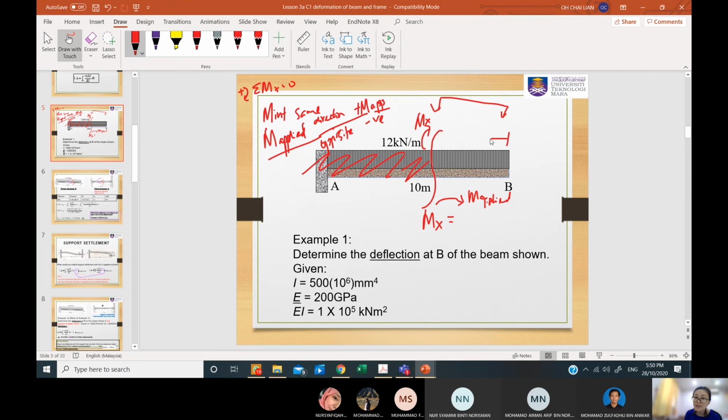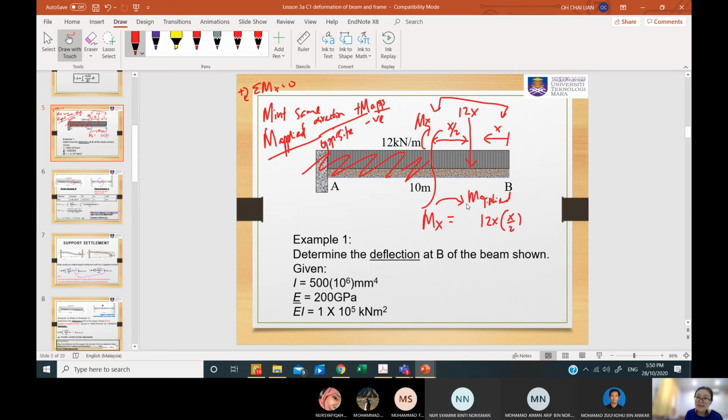If I consider X running here, I can have a resultant of this UDL of 12X, right? Can you get this 12X? Yes. And the distance to the cut section is actually X over 2. Are you able to get this X over 2? So the moment to the cut section is 12X multiplied by X over 2.